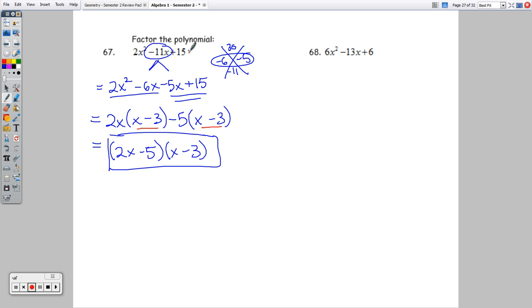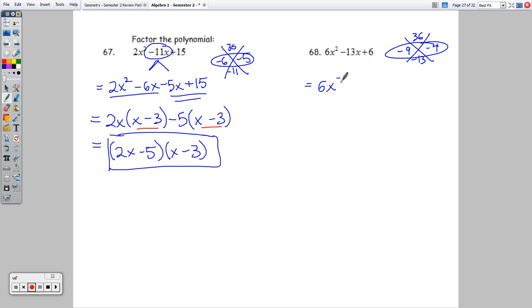We should be looking for GCFs as we do these problems too. There was no GCF here. There is no GCF here. If that was 12, we could take out a 6 out of everything. It's going to make it a lot easier if you take out those GCFs first. But there's no GCF, so we do a times c, and then negative 13. The middle term goes there. This would be negative 9, and negative 4 would be the right combination there.